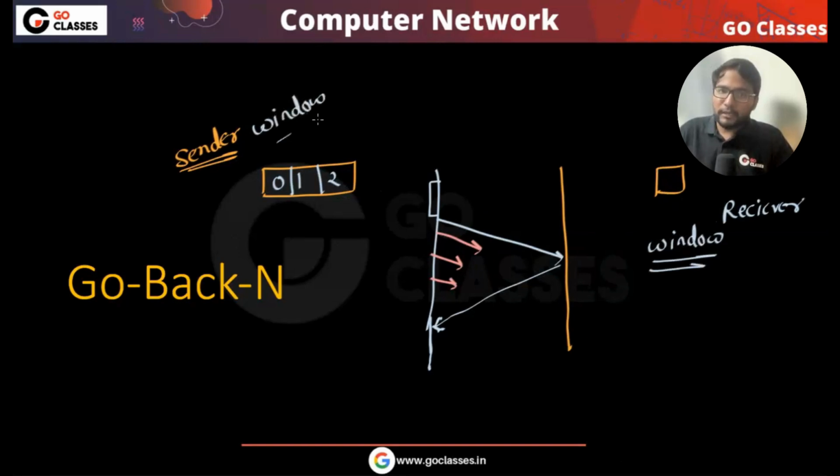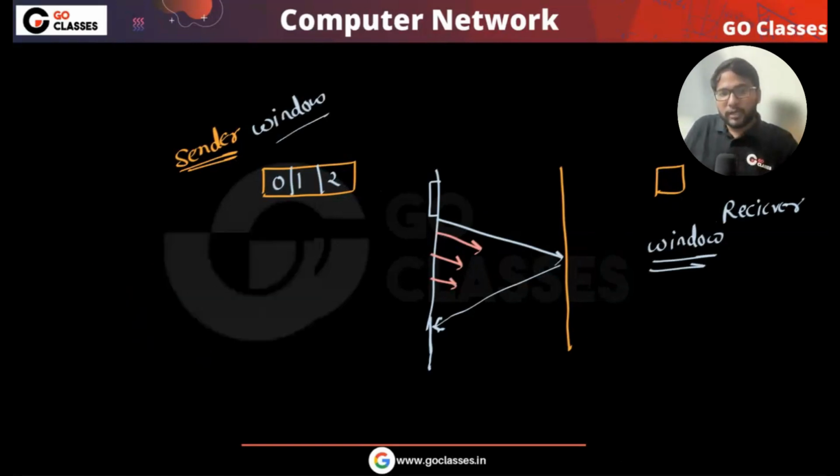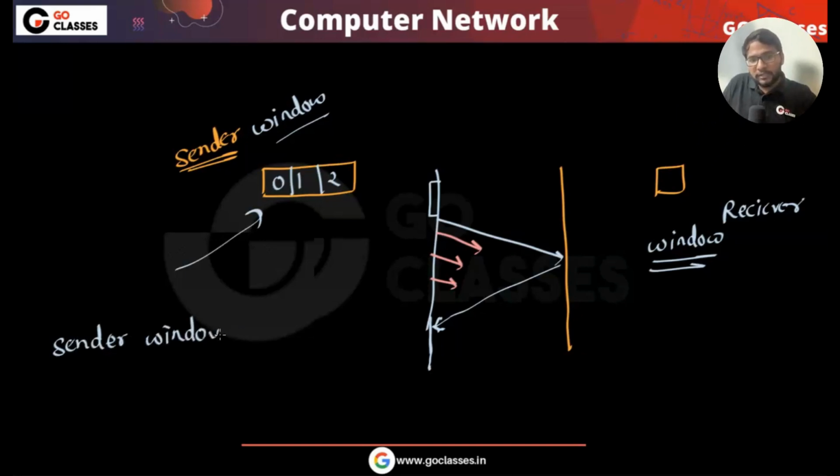So in go back n, the sender window size could be multiple, right? So here, let's suppose the sender window size is W. Tell me, can the sender window size be greater than 1? Can this be greater than or equal to 1? Yes, right.